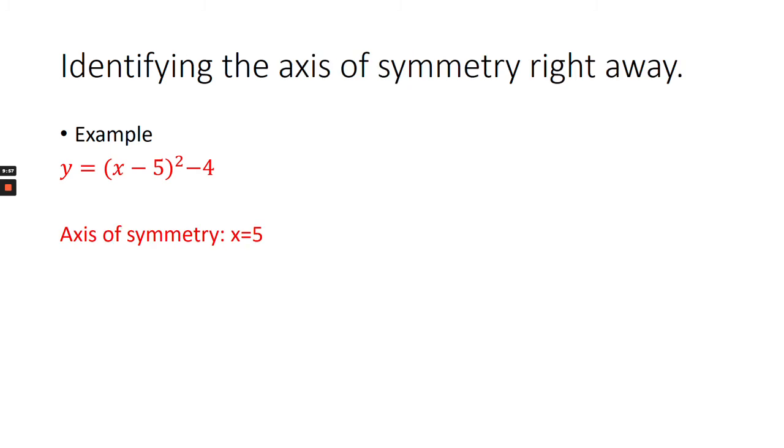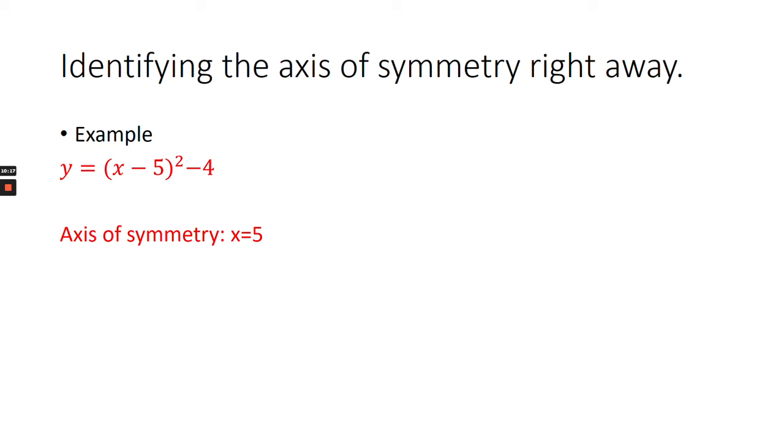Next, identifying the axis of symmetry, guys. The axis of symmetry is just your x value. So remember, the x value of our vertex was positive 5. So our axis of symmetry would be x equals 5. And that's the way you're going to write it, guys.